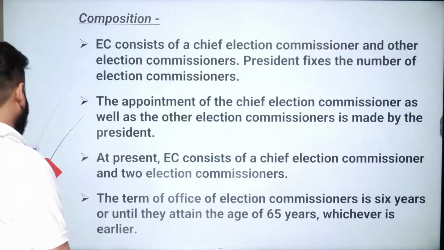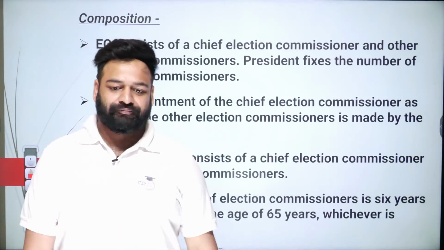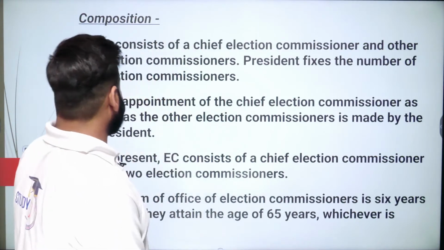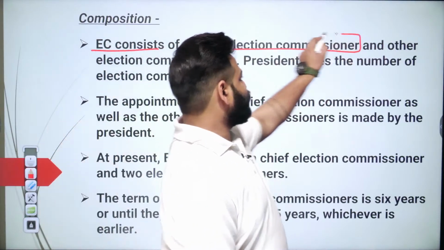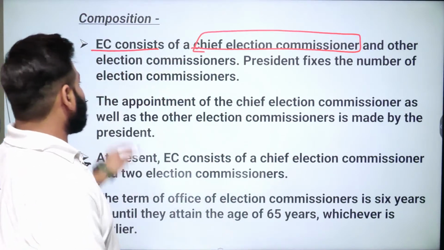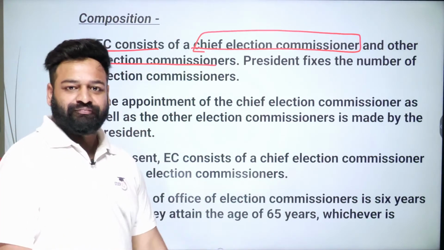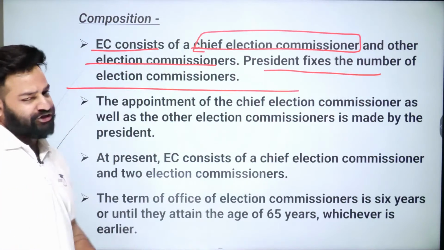Now, composition. How many are there? The Election Commission consists of a CEC, Chief Election Commissioner, and other election commissioners. Basically, the President fixes the number of the other election commissioners.